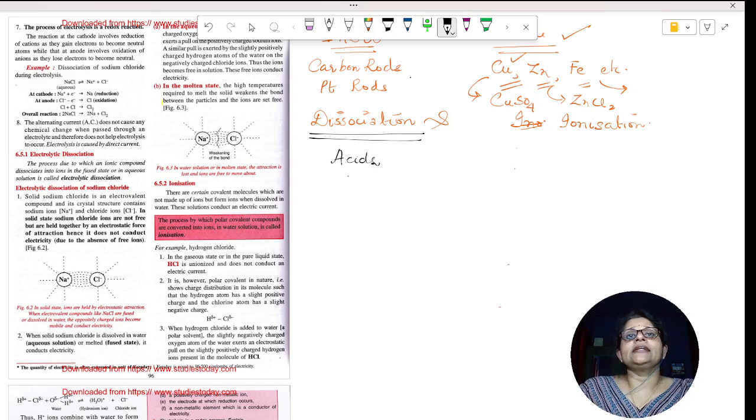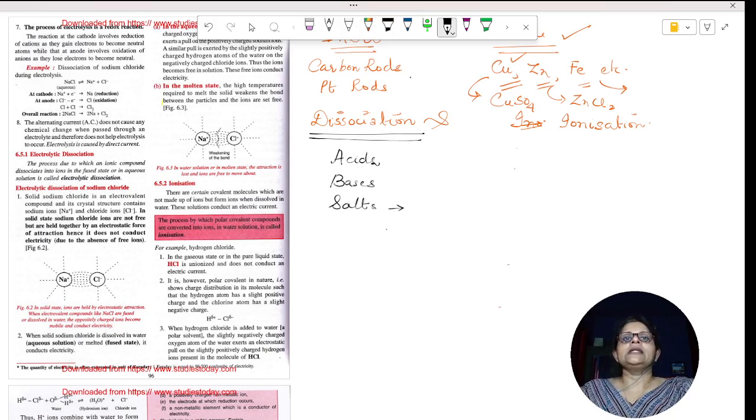I have already said, or we have learned, that acids, some bases and salts are good conductors of electricity. Why are they good conductors of electricity? Because they form ions in aqueous solution.